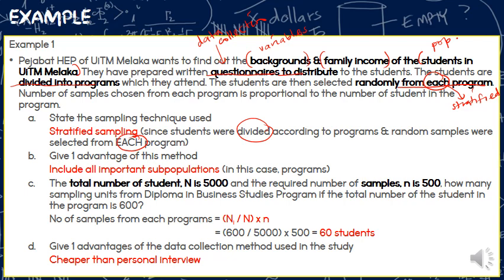Now, soalan C dia kata, the total number of student in UiTM adalah 5,000 orang. Capital N 5,000. And the required number of sample is 500. So, daripada jumlah 5,000 student tu, dia nak pilih 500 orang.